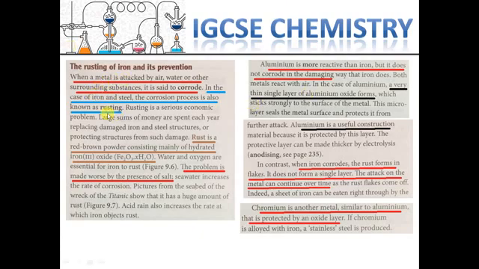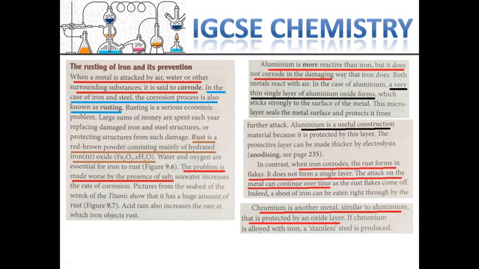As I said, when any metal is attacked by oxygen, which is in air or water or other surrounding substances, it is called corrosion. This is a general word for all metals, but in the case of iron and steel only, this corroding process is called rusting.